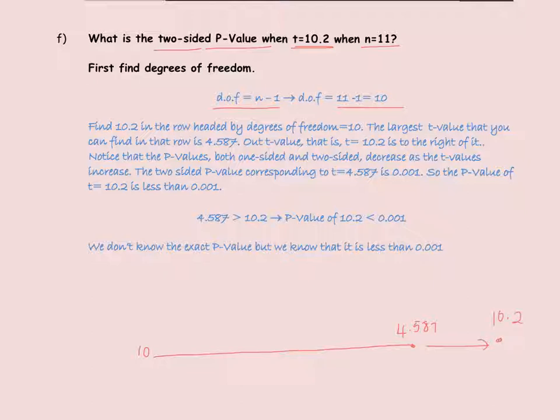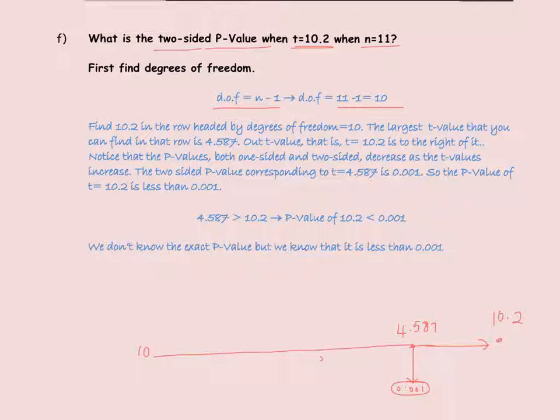So it's basically off the table, it's off the charts. So what we then do is go down that column and look for the two-sided p-value, which happens to be 0.001, which is really small.